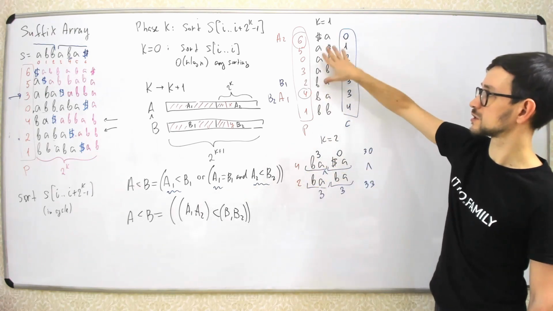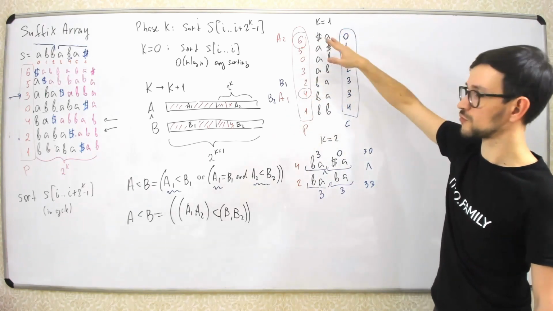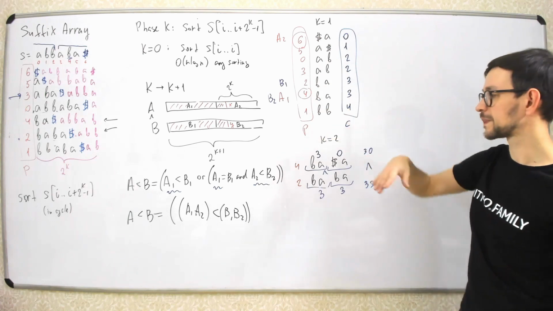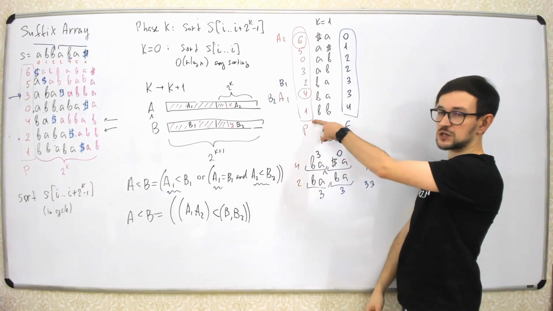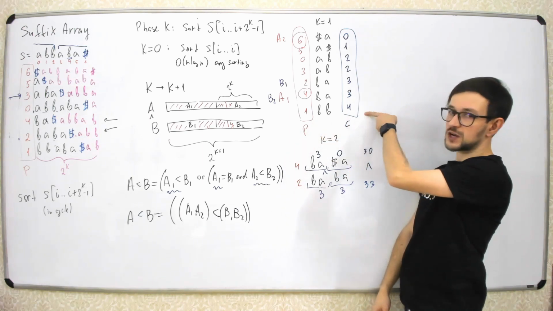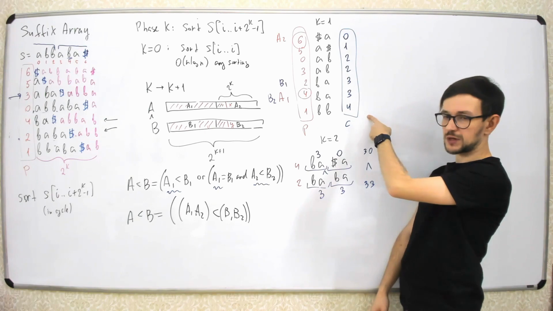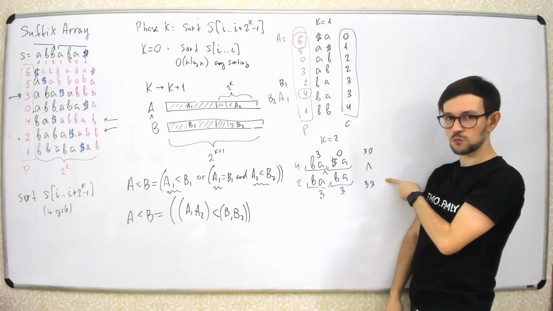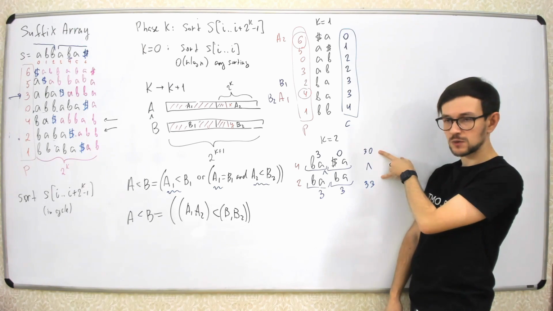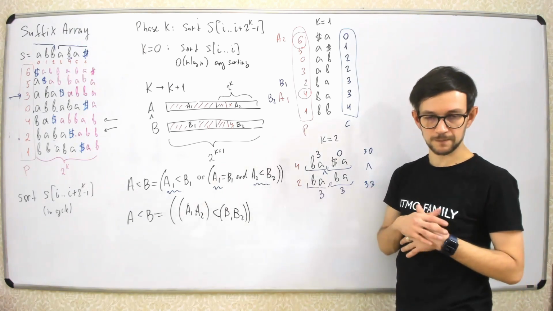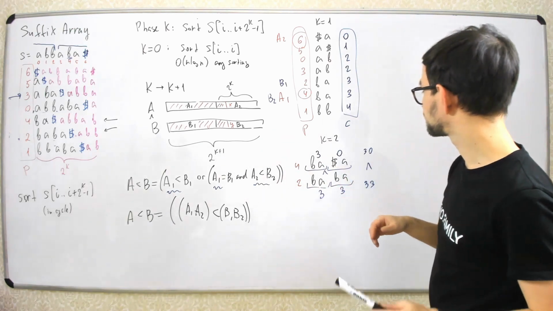We don't need these strings, we only need these indices, right? So we have only these two arrays of integers. So we find these two strings in this array, find the corresponding classes, and find these two strings in this array, and find the corresponding classes. And now we just need to compare these two pairs of integers. We can compare this pair of integers in constant time, so the comparator will work in constant time. Ta-da! That's all.